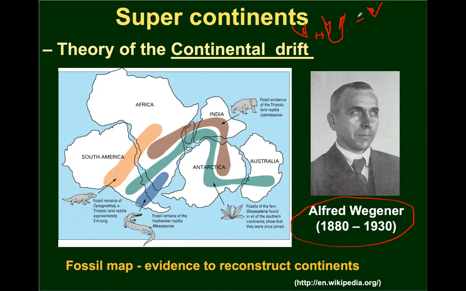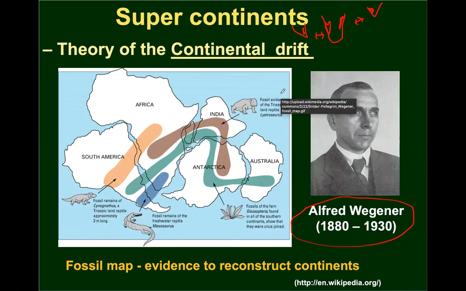Otherwise, it's very difficult for flora and fauna to cross huge oceans like the Atlantic or the Pacific to come to the other continents, right? But still, in those continents also the distribution was very characteristic. So he was able, later on, by this evidence, to fit these continents together.